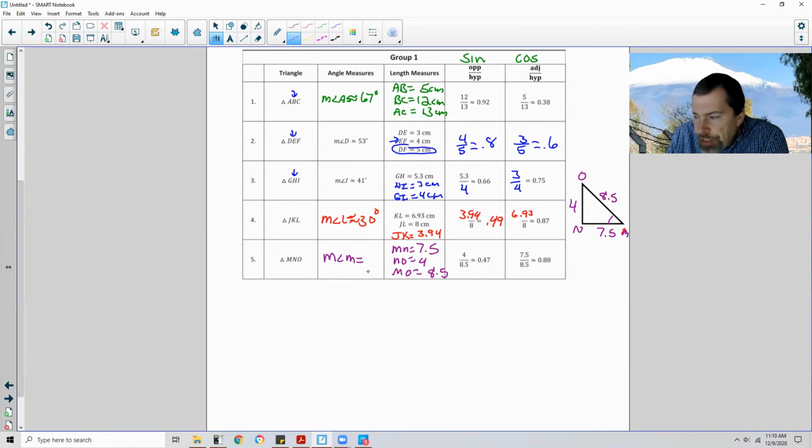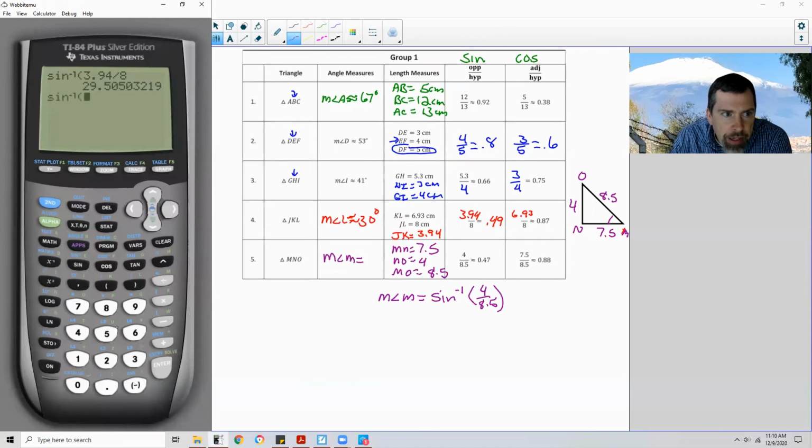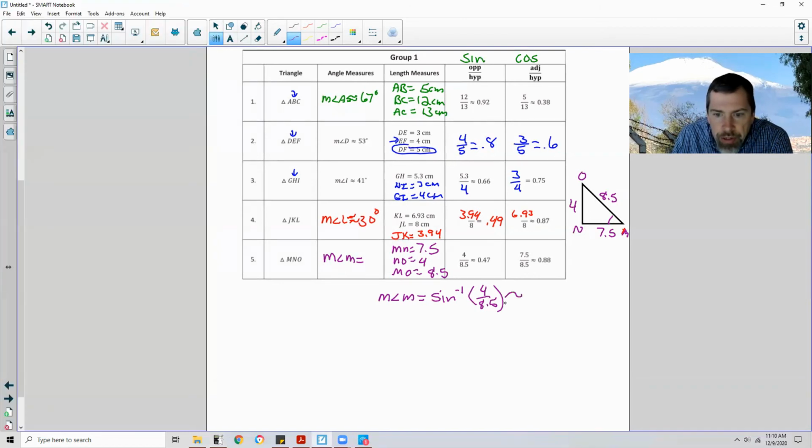Now, all we need to do is find the measure of angle M. So I'd say the measure of angle M equals the sine inverse of, and remember sine is opposite over hypotenuse, so I take this fraction, 4 over 8.5. And then when I put that in my calculator, second sine, 4 divide 8.5, enter, I get 28.07 degrees. So I'll say approximately 28 degrees.